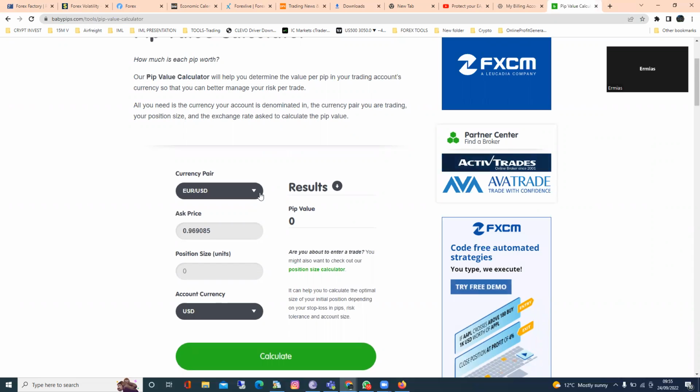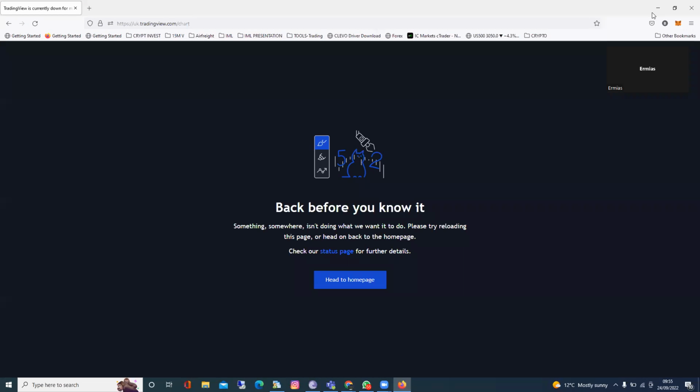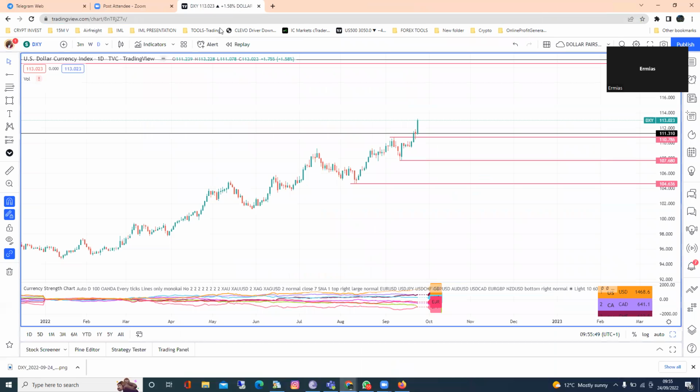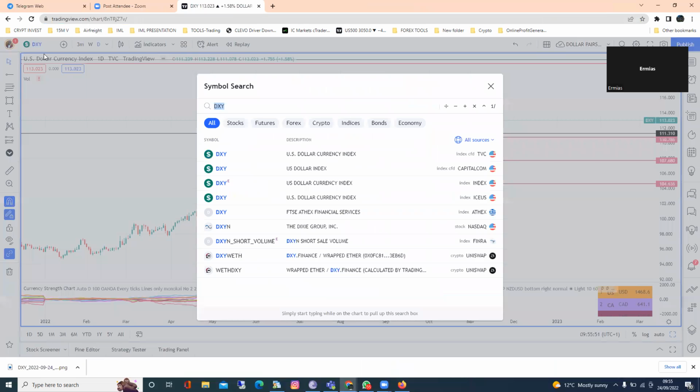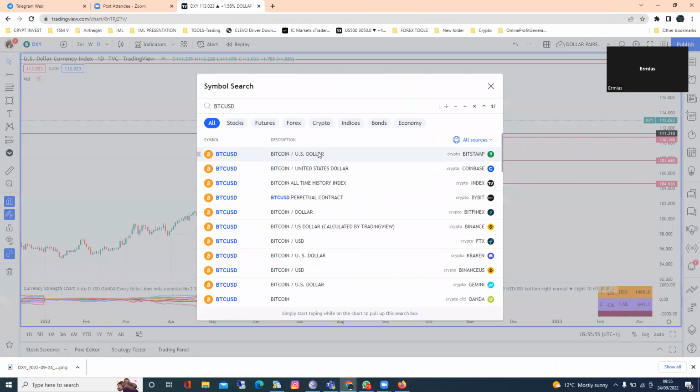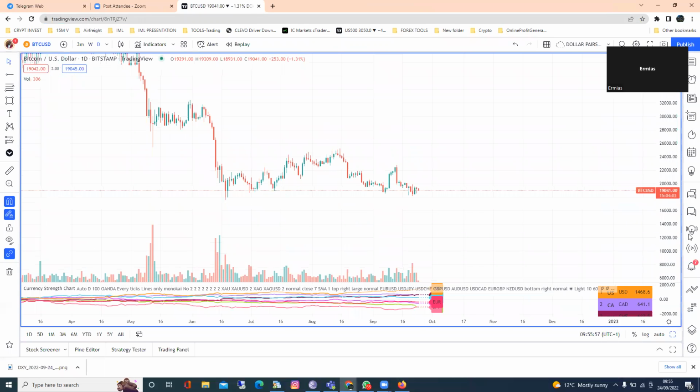A pip, which is the unit of movement, let me show you in a market that's moving. It's just an example, it's not going to be the actual thing. So let's say Bitcoin USD, that's the market that'll be open right about now.